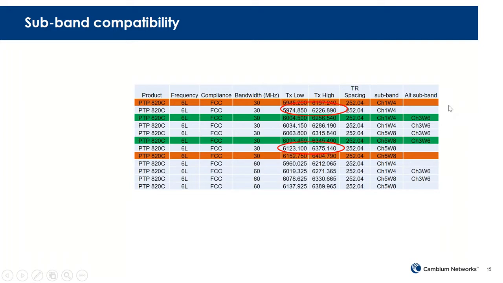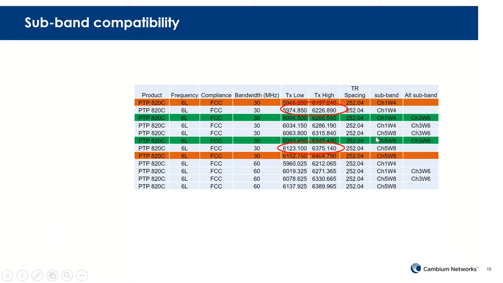So what do you do? You need to make sure that the radios are operating in the same subband. You need to make sure that the frequencies you're choosing are in the same subband. For example, channel 3 and channel 6 will work together because you can use CH3W6, right?